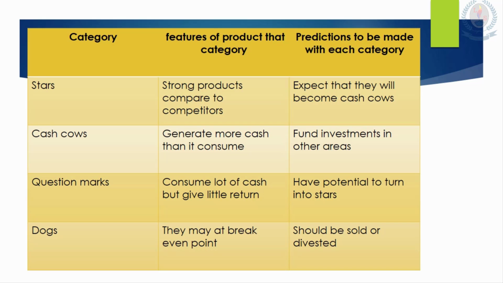So when they are preparing corporate strategies, they need to consider in which product line they should invest more money. So now we are going to identify the BCG matrix in detail.